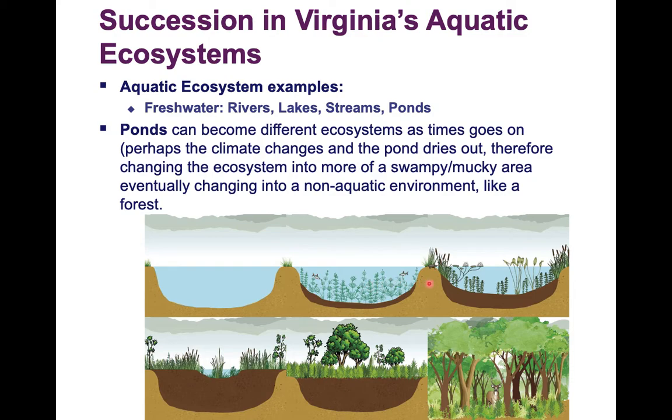Then the ecosystem starts changing into a more swampy, mucky area with less water. Eventually that pond can be completely dried out, and then you get a different type of community, like a forest. Here you see a pond succession, and how gradually this pond has changed into a different environment.